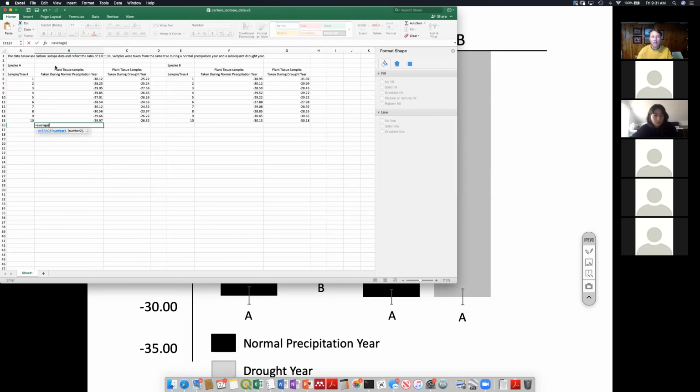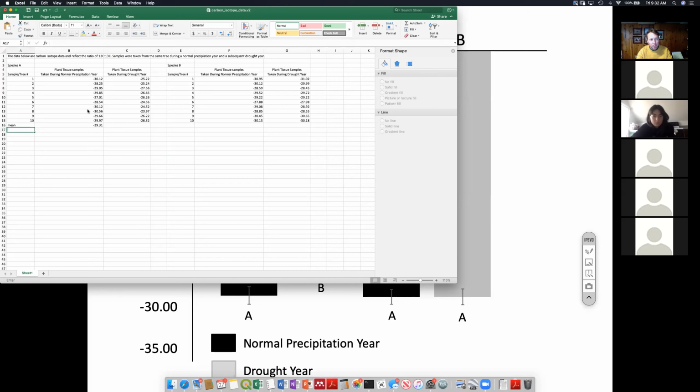Then you have to tell it the range of numbers to take the average over. So it's average, then a parenthesis, and I'm going to tell it to take the average of all of these 10 samples. Then I'm going to close the parenthesis and hit enter. I'm going to label these. So here's the mean, negative 29.31.